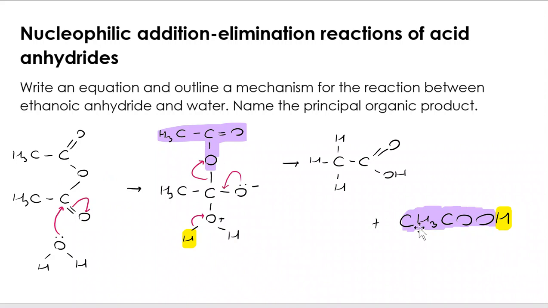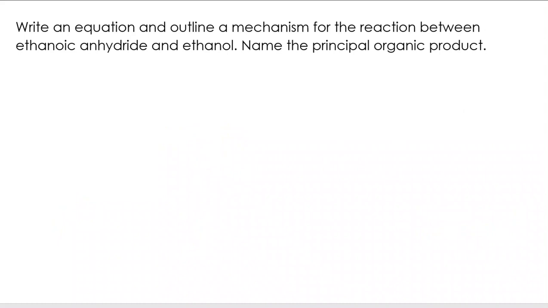And again, you might want to be comparing this secondary product with the secondary product that we saw in our acyl chlorides. Okay, we're going to move on and we're going to look at the reaction this time with ethanoic anhydride and ethanol. So it's exactly the same principle as we saw with acyl chlorides. See what you can do.